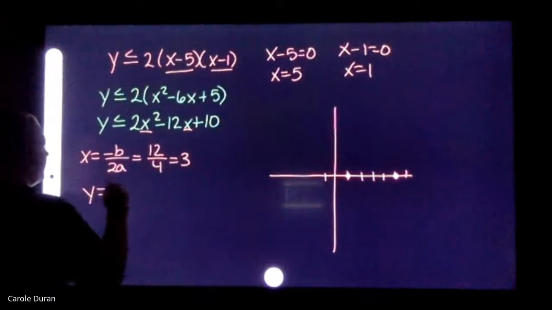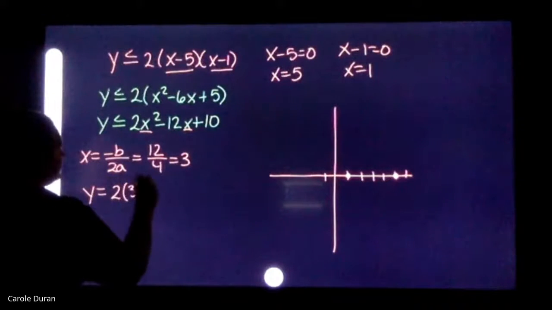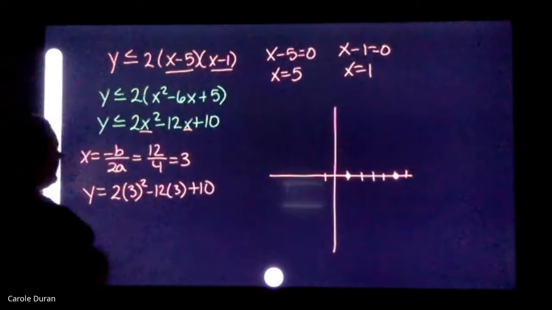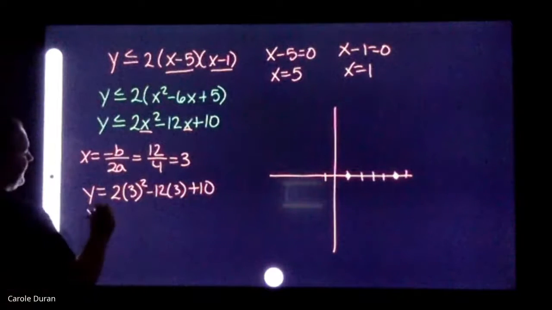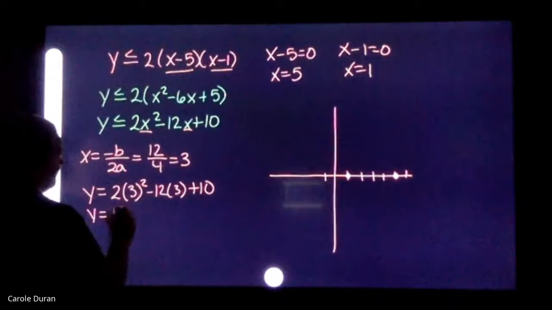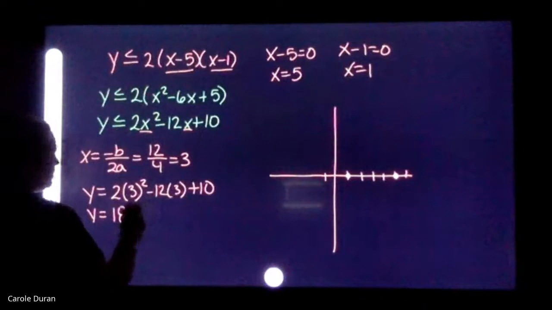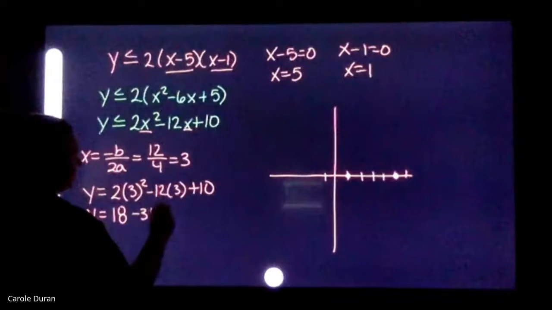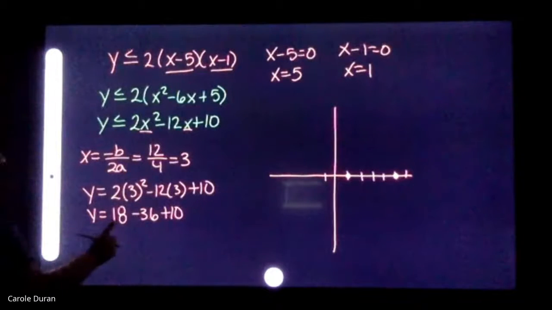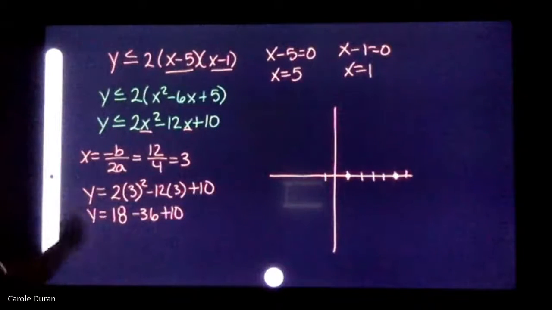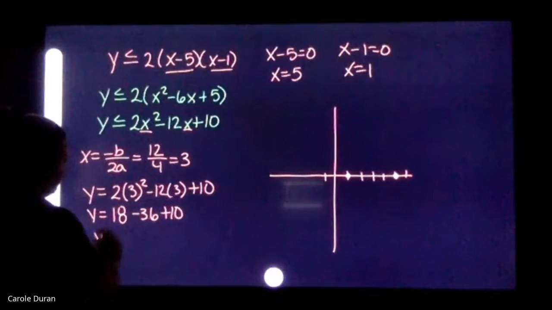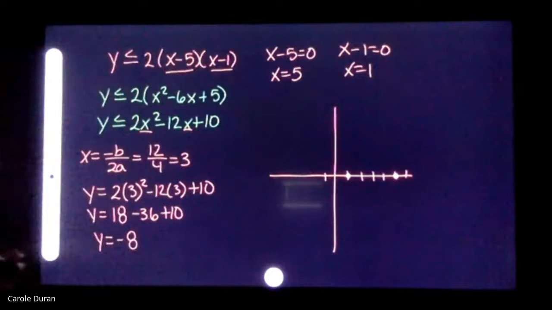So I get y equals 2 times 3 squared minus 12 times 3 plus 10. Simplify it out. 3 squared is 9 times 2 is 18. 12 times 3 is 36. And then plus 10. 18 minus 36 is negative 18, plus 10 is negative 8.